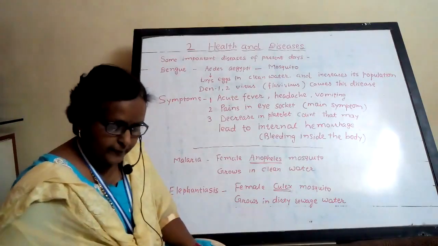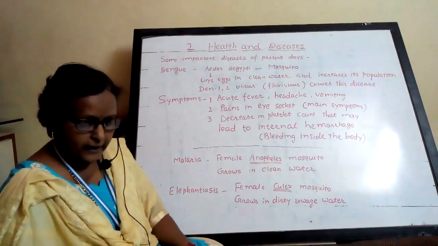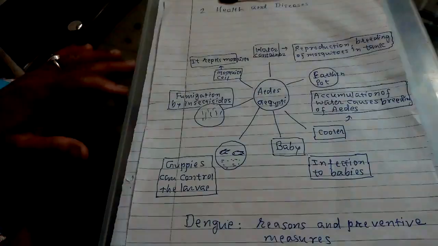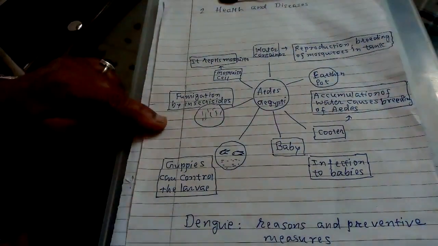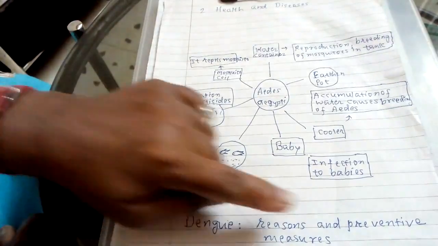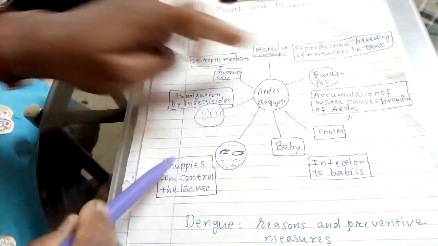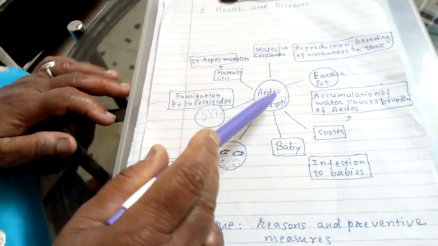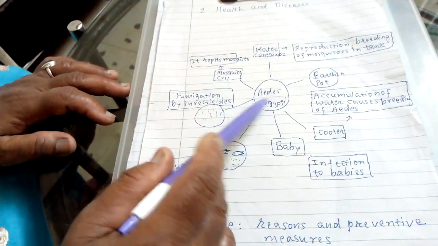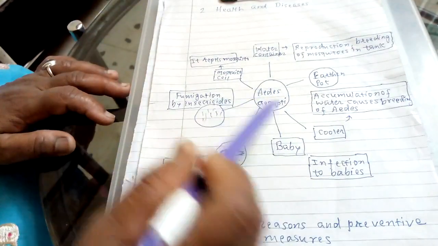Now, in your book, dengue, its reasons and preventive measures are given. There is a pictorial diagram regarding dengue. The mosquito is shown, Aedes aegypti, which causes dengue.